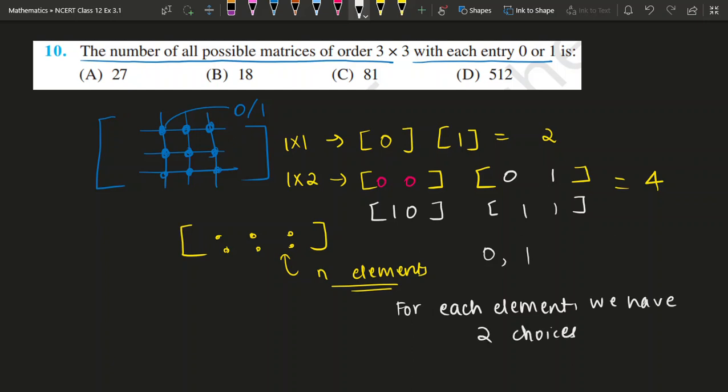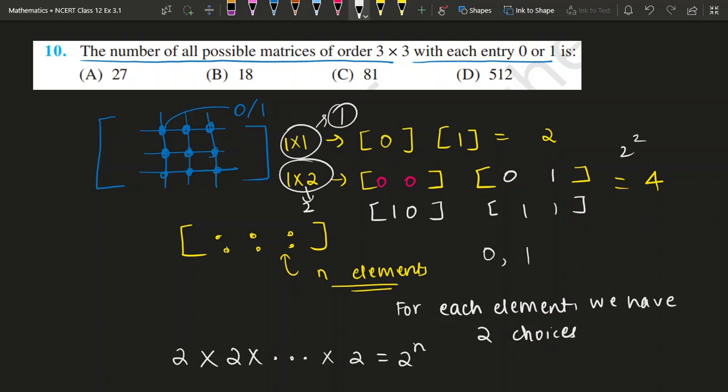And if you have to combine that story for all the n elements, you are essentially multiplying all the n 2's together. So you are essentially getting 2 to the power n. You can observe that right here. 1 by 1 has 1 element, and 2 to the power 1 is just equal to 2. 1 cross 2 matrix has 2 elements, and that has 2 to the power 2, or 4 possible matrices.